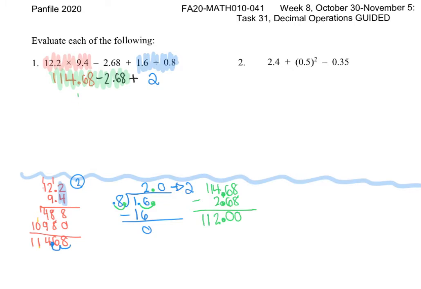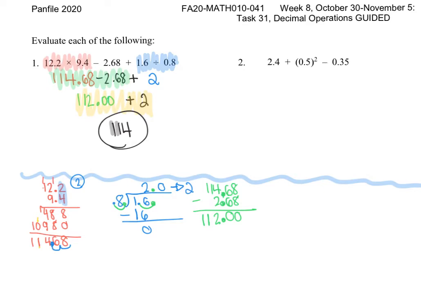So we get 112.00, or just 112. And then, again, we're not touching anything else, plus 2. And then our final step is to do that addition, which is 112 plus 2, which is 114.